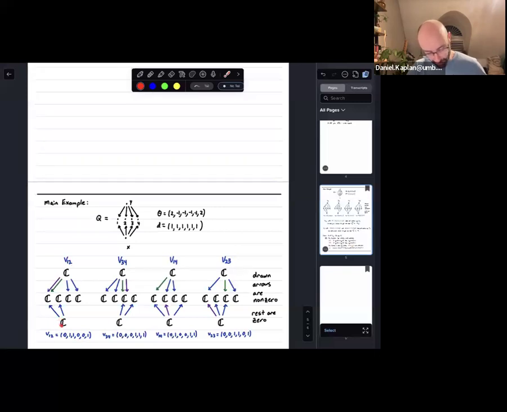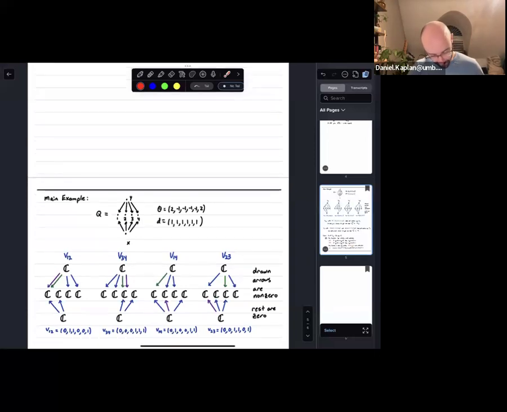So I'm starting at the top, then I'm doing 1 through 4, and then going to the bottom. And so this is the dimension vector just of this piece that contains X in it. So this piece containing X gives me this dimension vector. And then for V34, the piece containing X gives me this dimension vector.